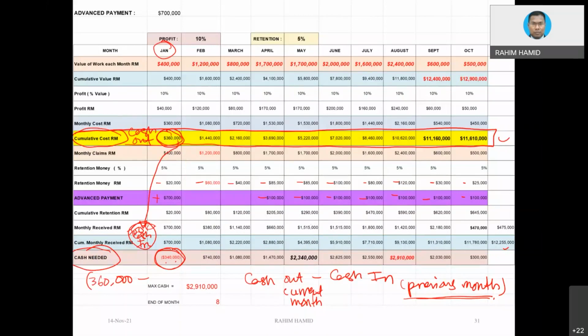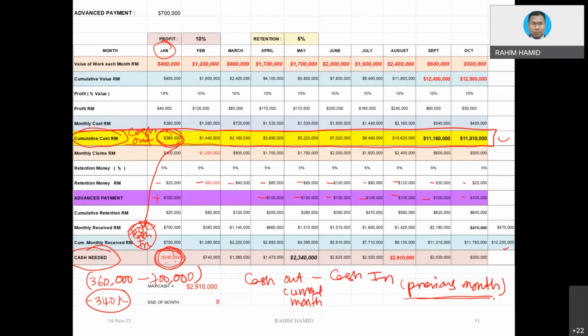So at the start of the project, the contractor already has 700K. That's why 700K is there. So 360 minus 700K, you are going to have negative 340K. Negative means the contractor has excess money, so the contractor doesn't require cash. So it's a good thing.